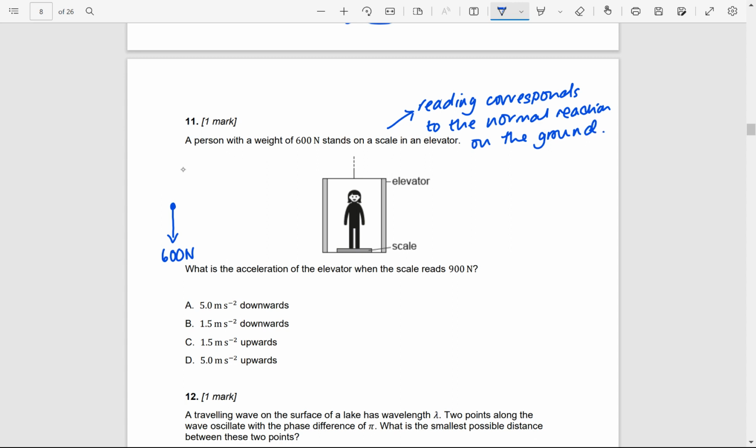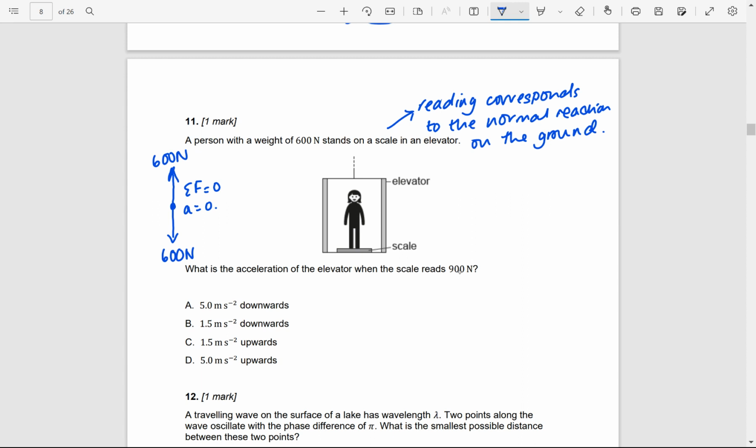So if a person has a weight of 600 newtons and the scale reads 600, it means the reaction is 600. Therefore, the resultant force is 0, therefore the acceleration is 0. So it means the elevator isn't accelerating.